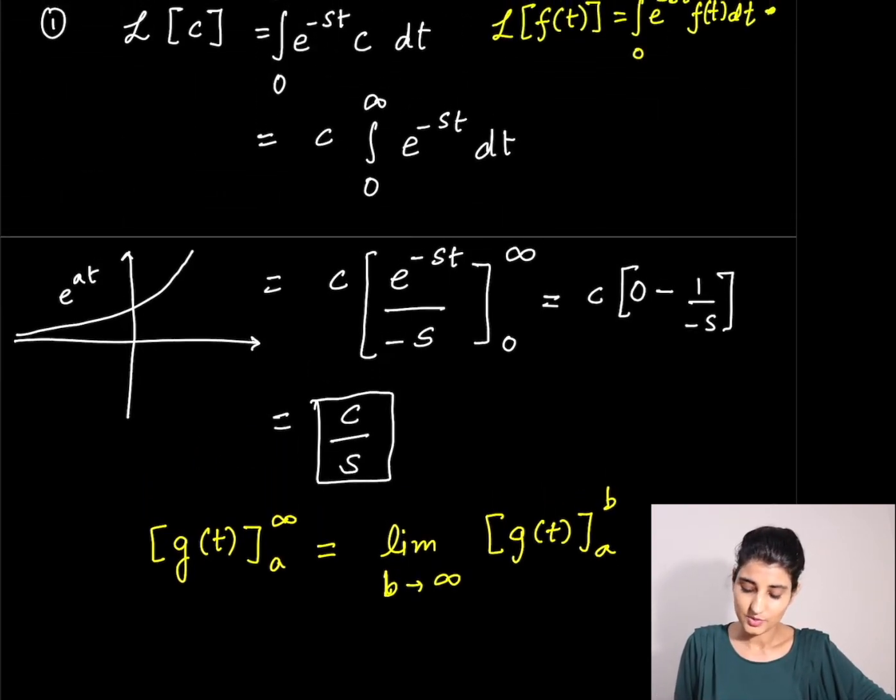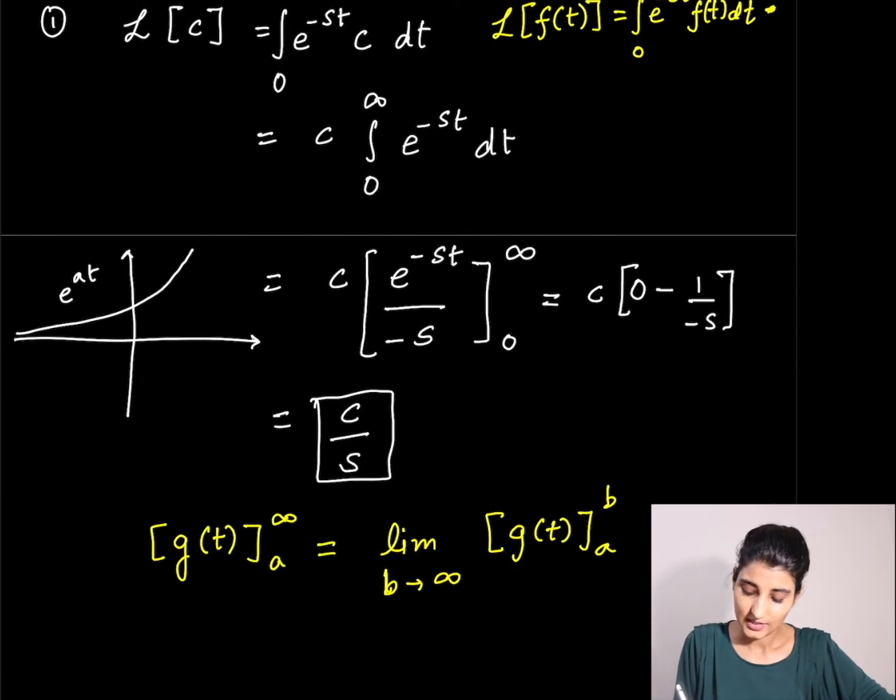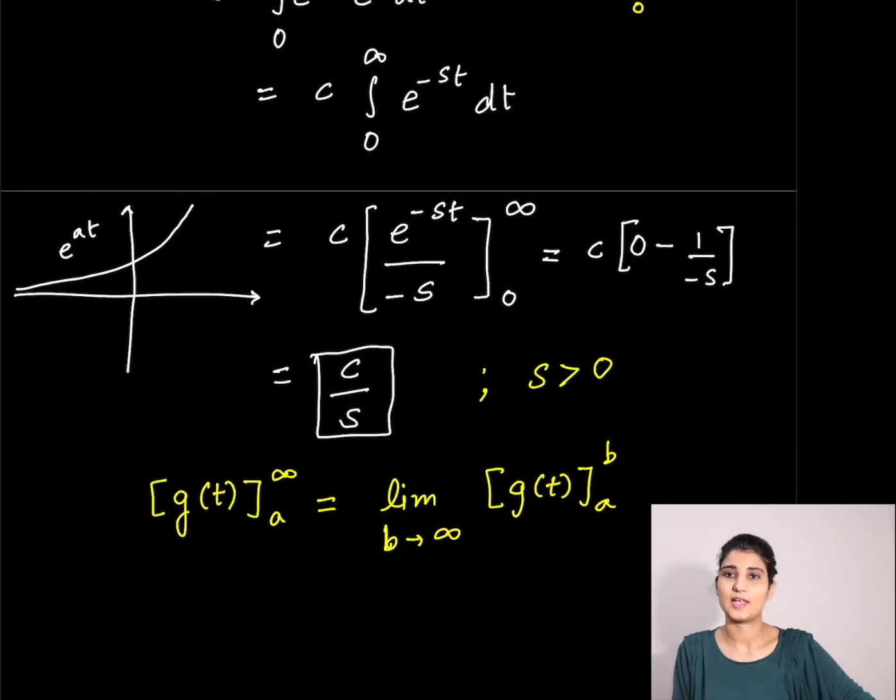One more thing to observe here is that e^(-st) approaches 0 as t goes to infinity only if s is positive. So this Laplace transform is defined for s greater than 0. In general, the Laplace transform is defined for s greater than some a. Okay.